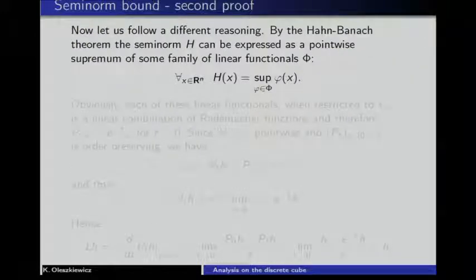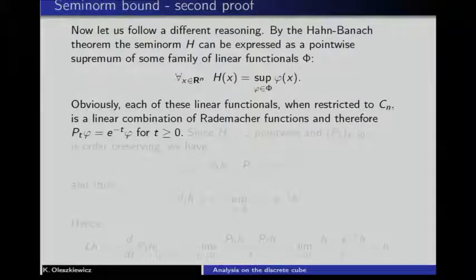Okay, and now another proof, which is not exactly the same as the previous one. We know that any semi-norm on Rn can be written as a supremum of linear functionals. This is just the Hahn-Banach theorem. In fact, it's much easier because we are in finite dimensional space. It's quite elementary.